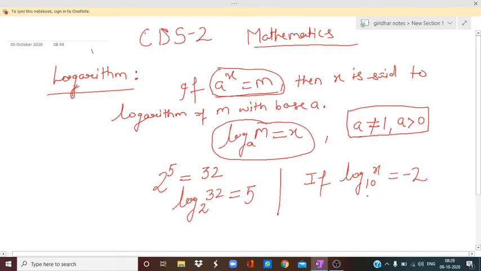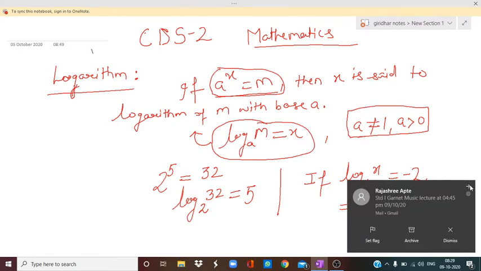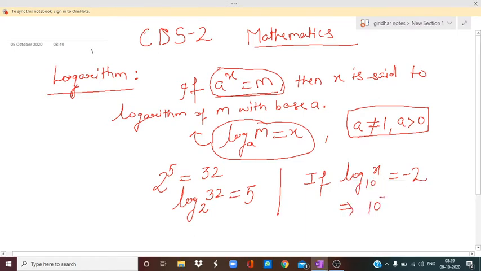Then what will be x? We go from the logarithmic side to the exponential side. So a to the power x is 10 to the power minus 2, which equals x, and which is nothing but 1 upon 100, correct?